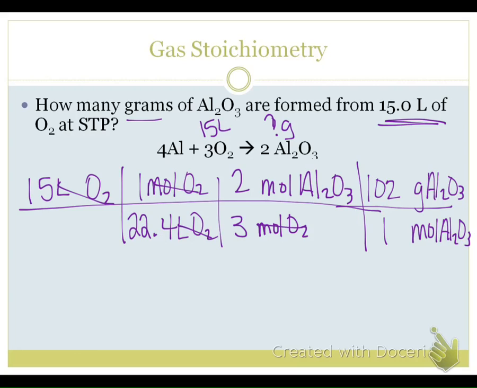So now I've finished up with all my T-charts. Everything's canceled, and I'm ending up with grams of aluminum oxide, which is what I want. So let's go ahead and multiply across the whole top, divide by the whole bottom. All right, Ryan, what do you think?